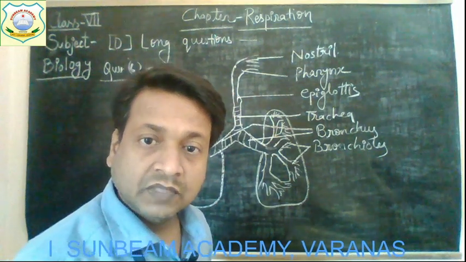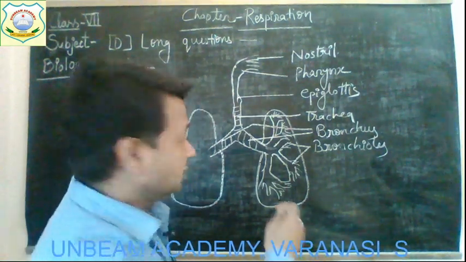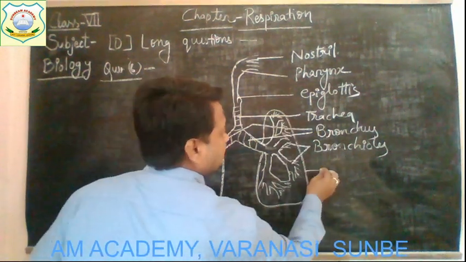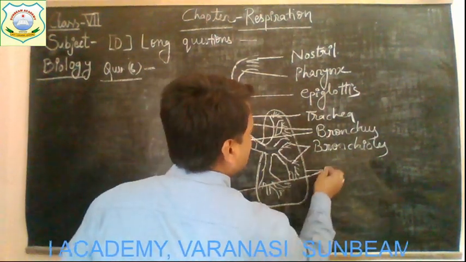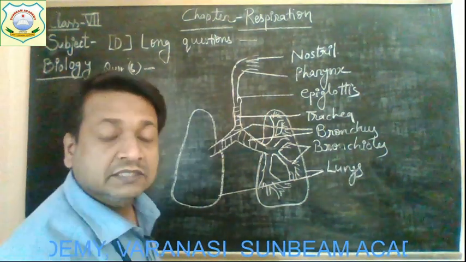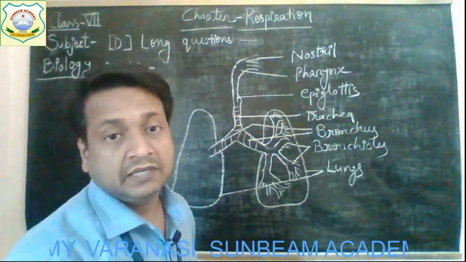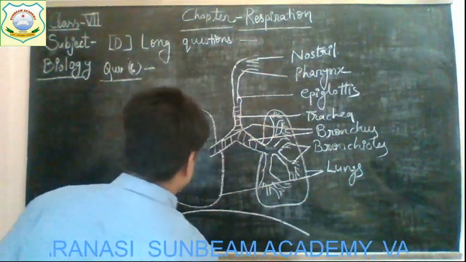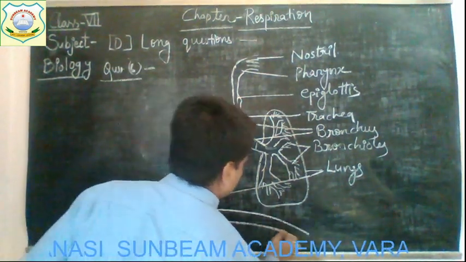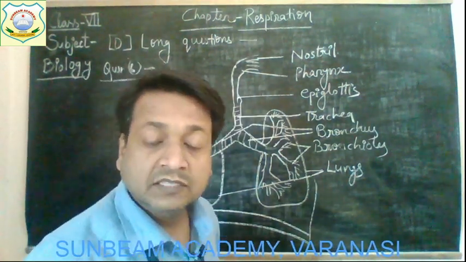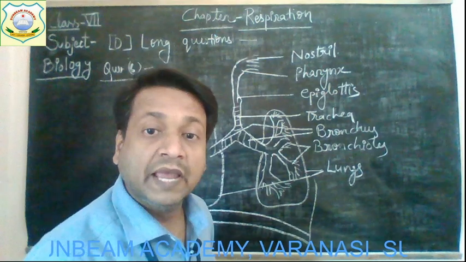And these structures are the lungs. So these two are lungs, and below the lungs there is a muscular structure, and this muscular structure is known as the diaphragm.